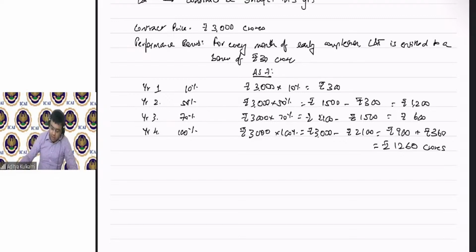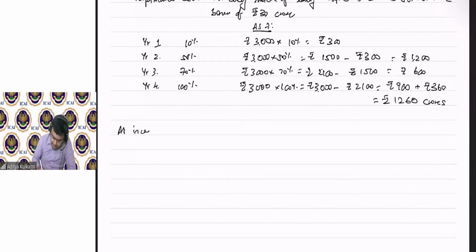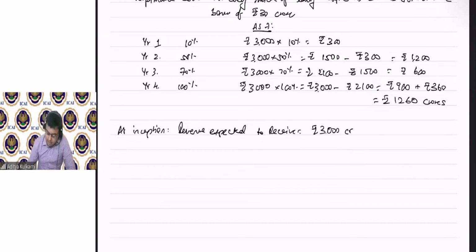So what Ind AS 115 tells us is, you are finishing the contract within 4 years? Yes, sir. So if you are finishing the contract within 4 years, please go ahead and recognize the total revenue that you expect to receive. Look at the words. It's not the contracted revenue, it is the revenue expected to receive. So at inception, revenue expected to receive is equal to 3,000 crore fixed, which is not negotiable, plus rupees 360 crores.